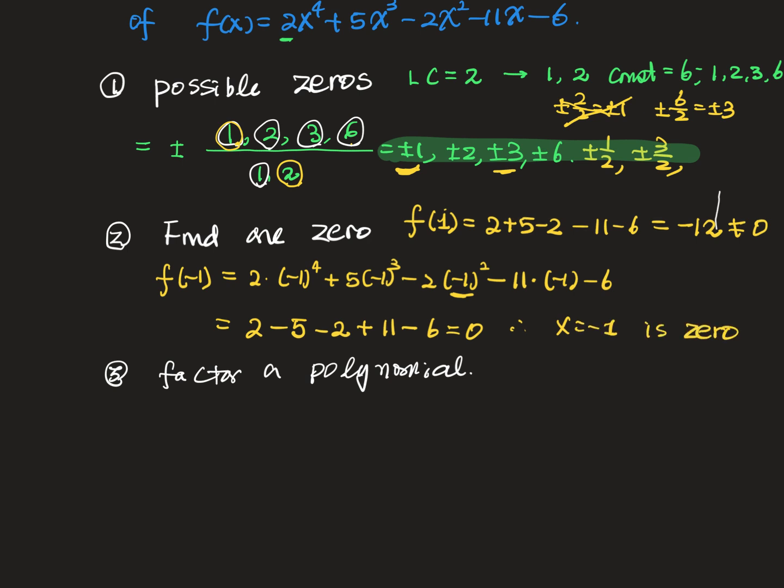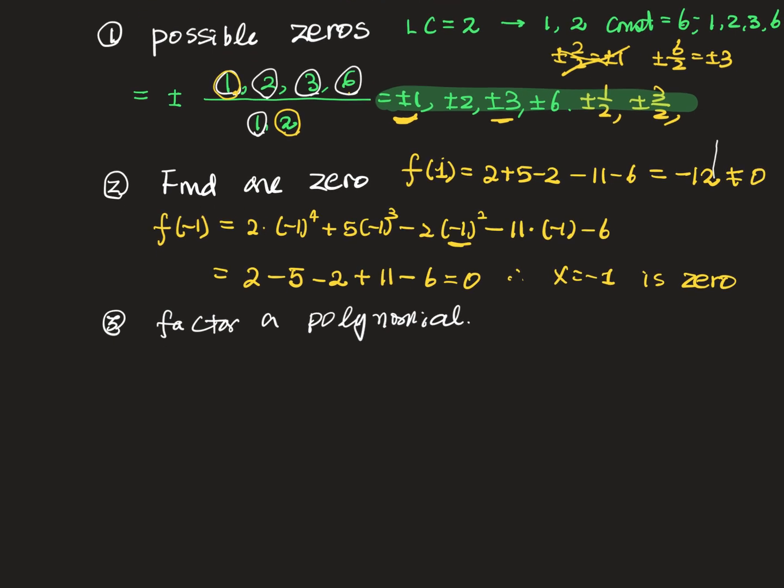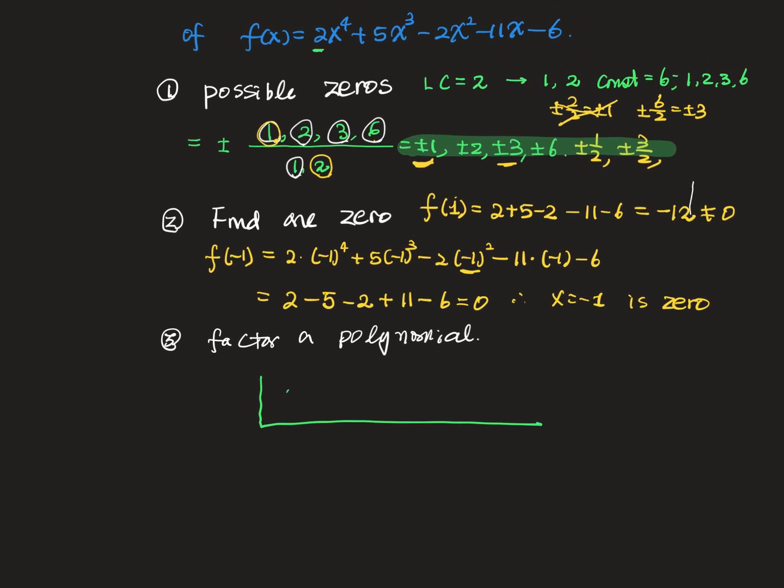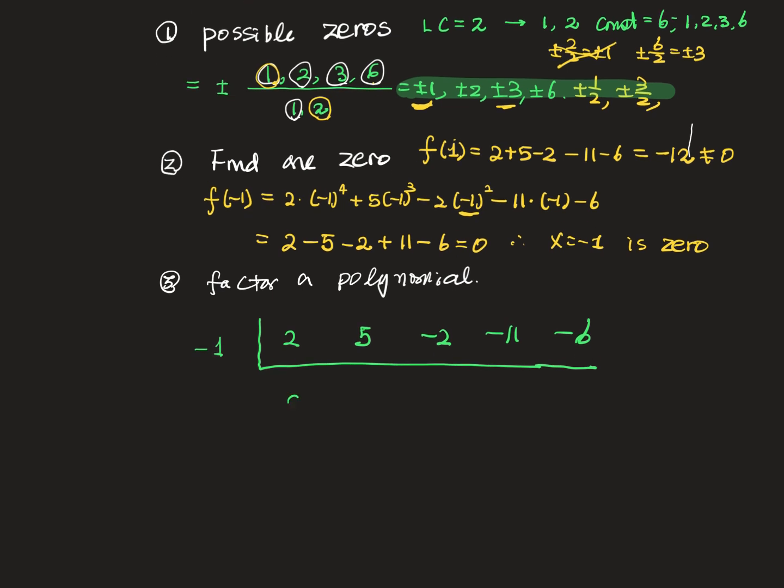Okay, let's do the synthetic division this time. So let's do the factors. You're going to do synthetic division here. So let's write here 2, 5, negative 2, negative 11, negative 6. With the zero you found, negative 1, you have 2, negative 2, 3, negative 3, negative 5, 5, negative 6, and 6.